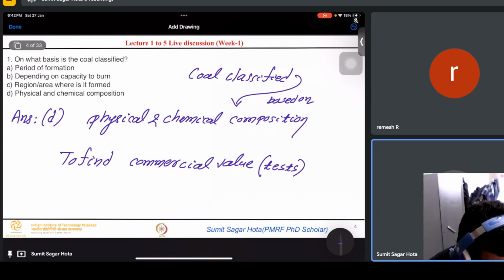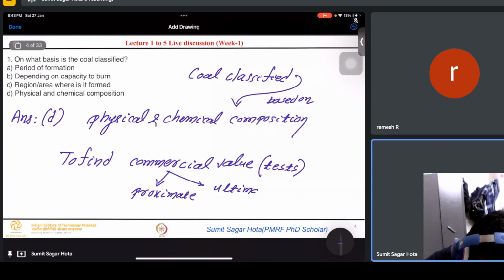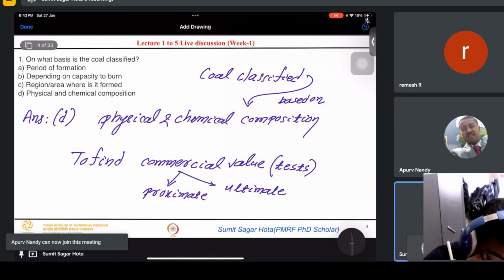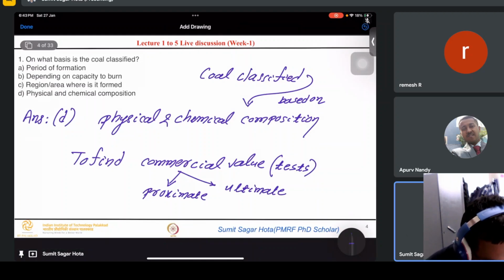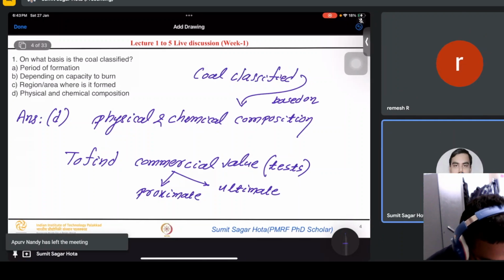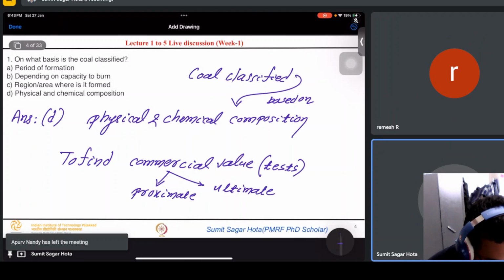One is proximate and one is ultimate. Proximate analysis gives characteristics of coal such as percentage of moisture.